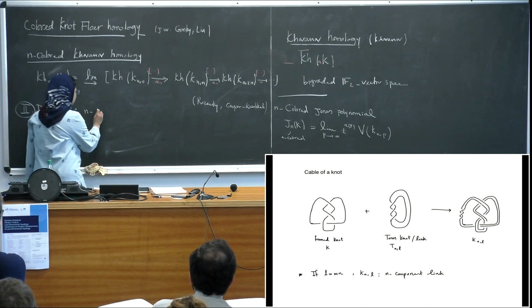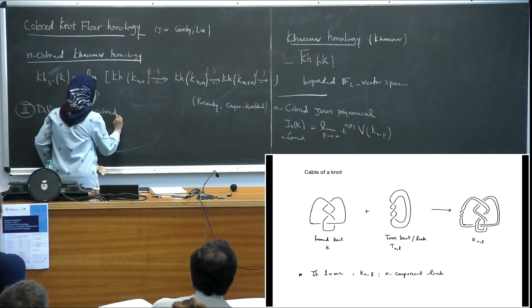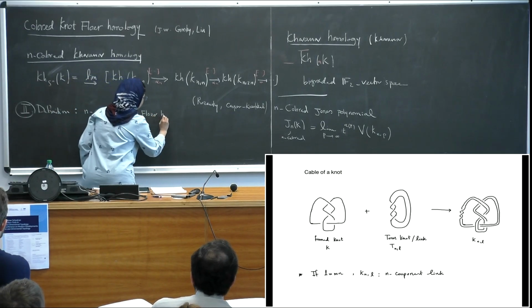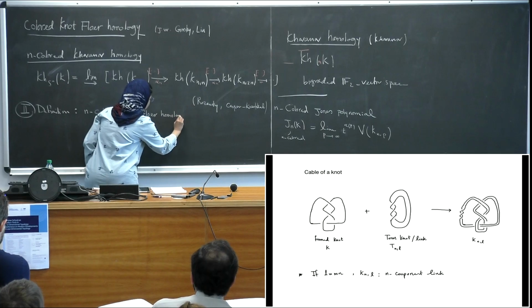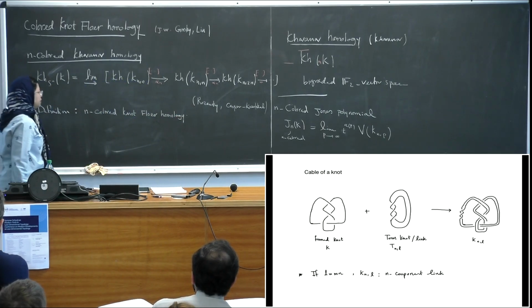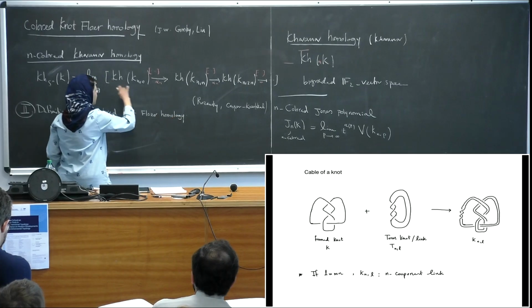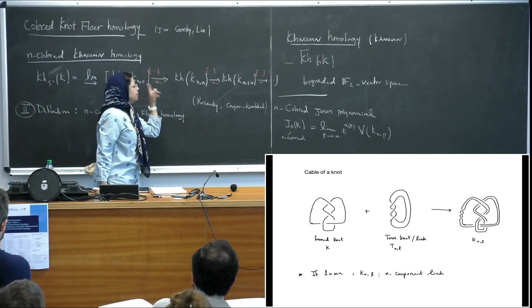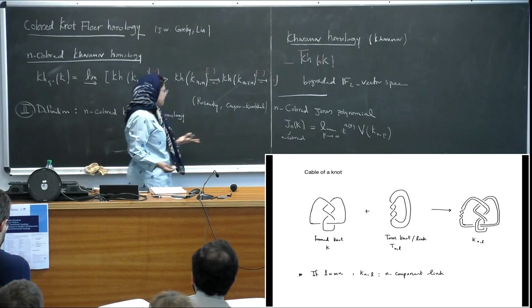So, n-colored knot Floer homology. In order to define n-colored knot Floer homology, I want to follow this pattern, which should tell you that I need to look at the Heegaard Floer invariants for links.